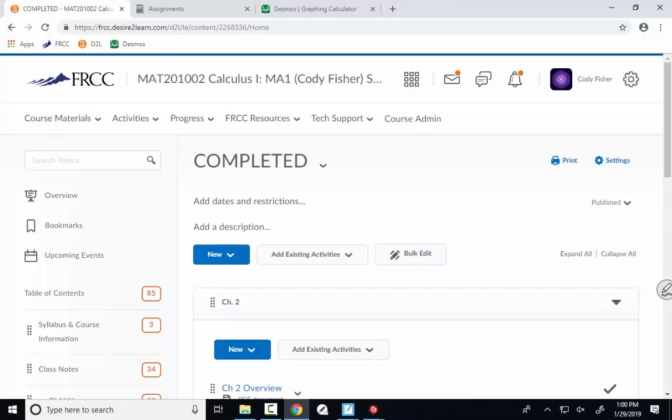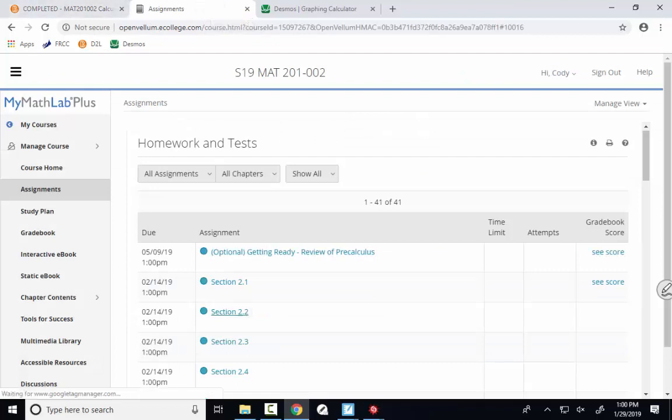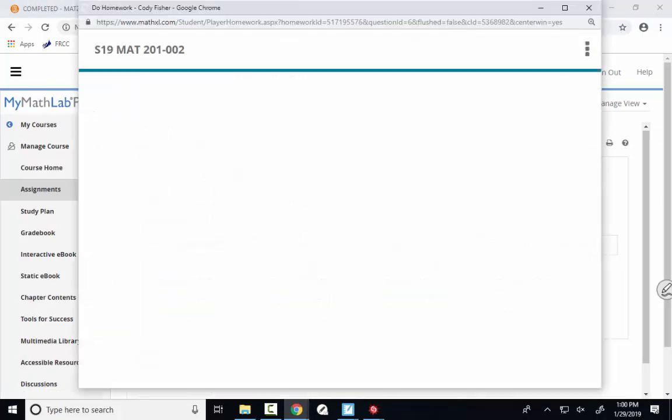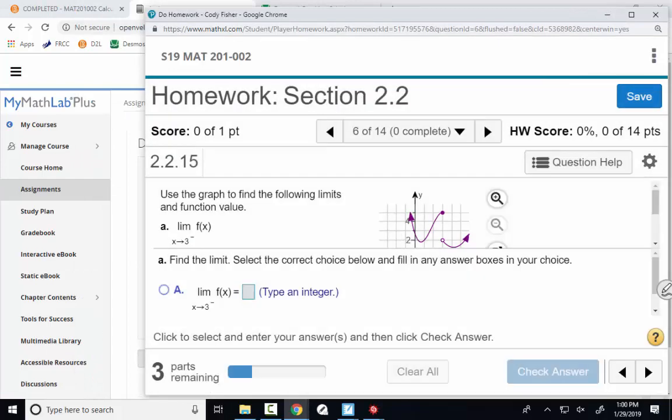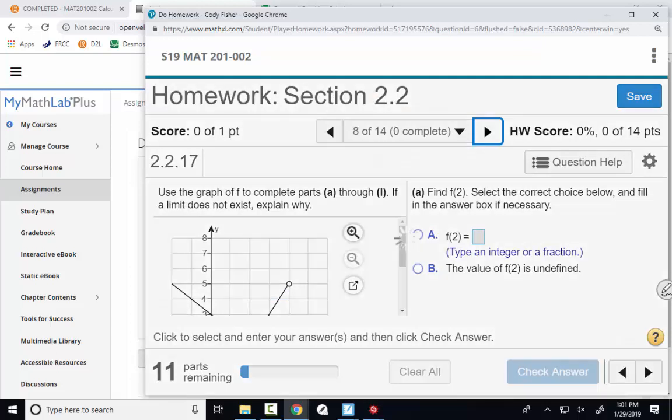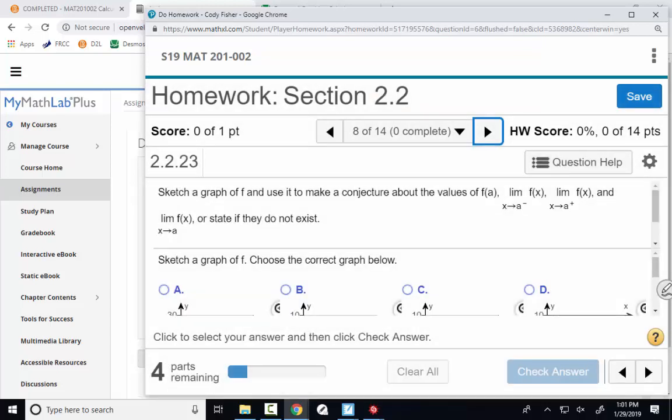Also, you may or may not have noticed in MML, when you're doing some of your homework, at the end of the number here on the left-hand side, you might notice some of them have a -T next to them. Has anybody noticed that? If you notice a -T next to this number, it means for you to use technology like a graphing utility or something like that.